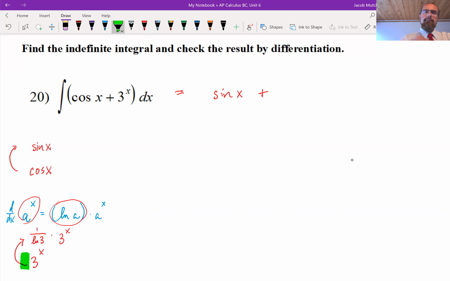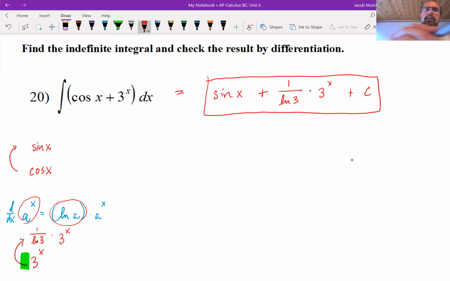So as we differentiate, or I'm sorry, integrate, we're going to find that this is 1 over natural log of 3 times 3 to the power of x plus c. And that essentially is complete. I'll go ahead and box that.